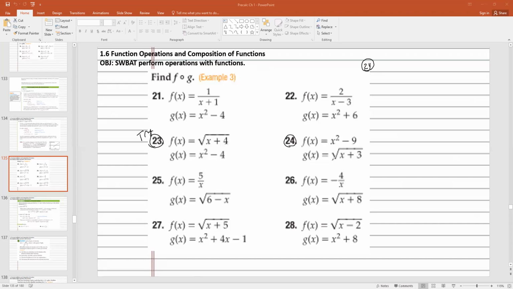All right. So we have f of x, and we have our g of x. Now here it says we want f of g of x.